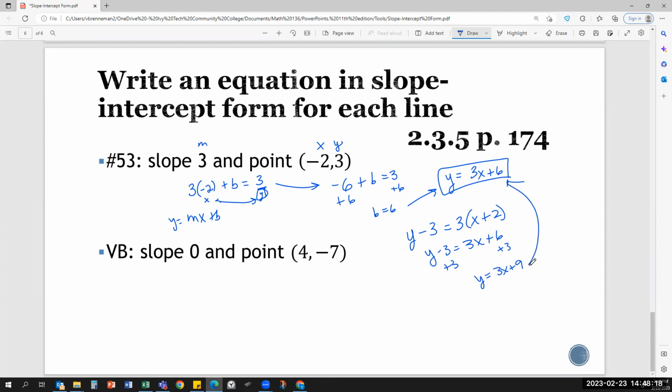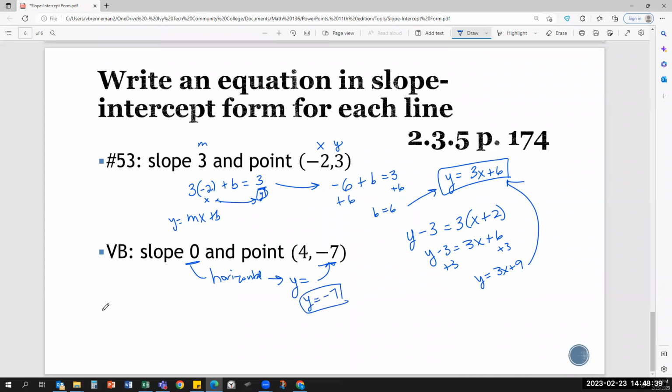All right. The next one was slope 0 and point (4, -7). I could do that same process, but if I recognize slope 0 means it's a horizontal line. Horizontal means that the equation is y equals whatever the y coordinate is on any point. So y equals -7.